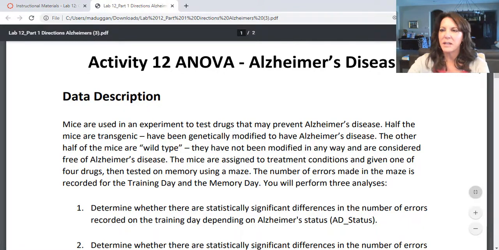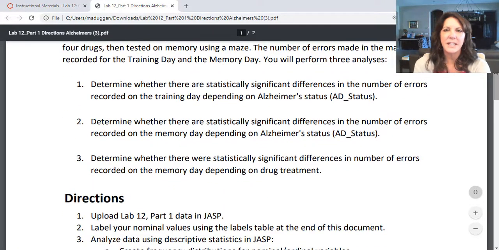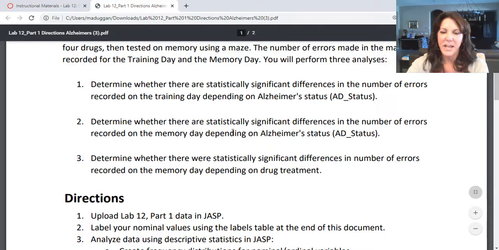So in this study, using inferential statistics, we're going to do a couple different things. First of all, you're going to determine whether there are statistically significant differences in the number of errors recorded on the training day, depending on Alzheimer's status. So Alzheimer's versus no Alzheimer's. Did they perform significantly different on the training day? You're going to do that same type of test, but this time we're going to look at the memory day.